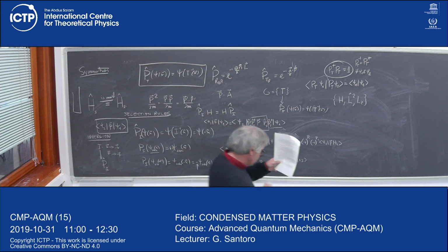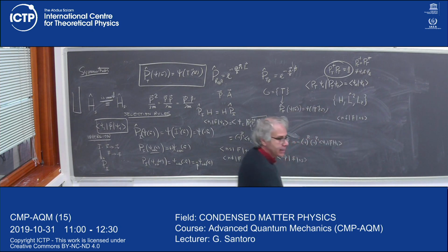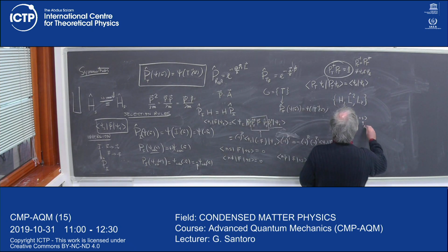However, if I ask you, can I go from 1s to an f orbital, a 4f orbital, for instance? Now, this has L equals 0, so it's even.